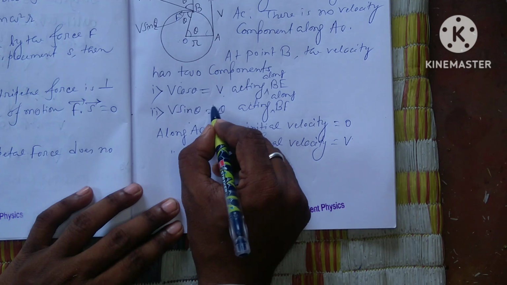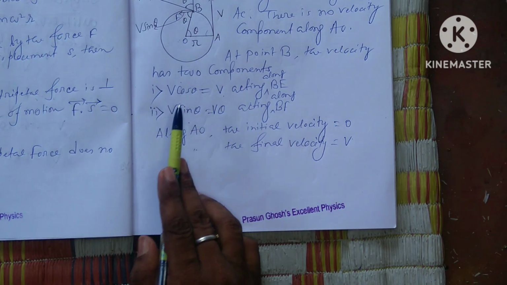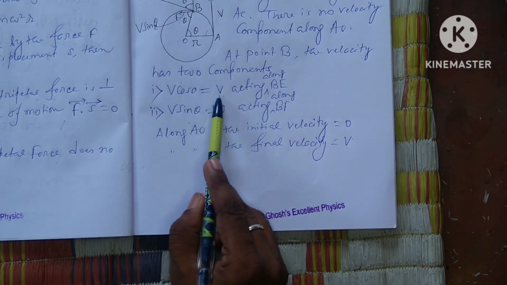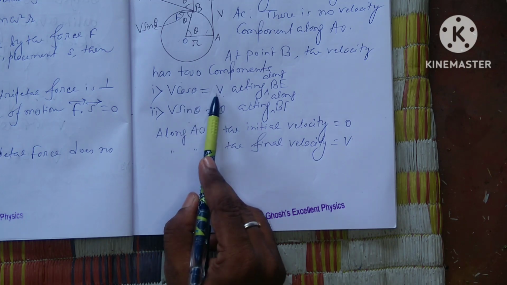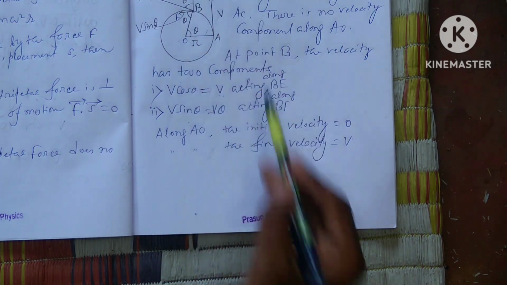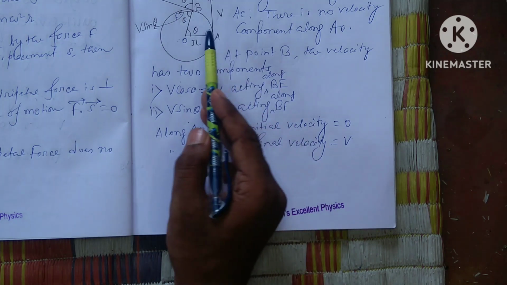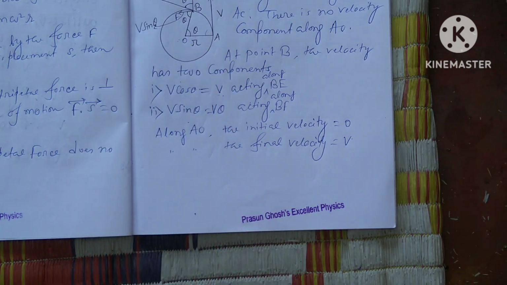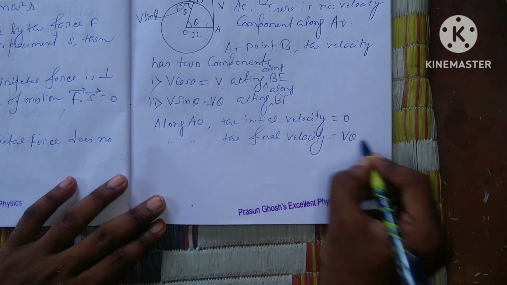Since theta is very small, cos theta equal to 1, so v along BE, and v sin theta equal to v theta along BF.